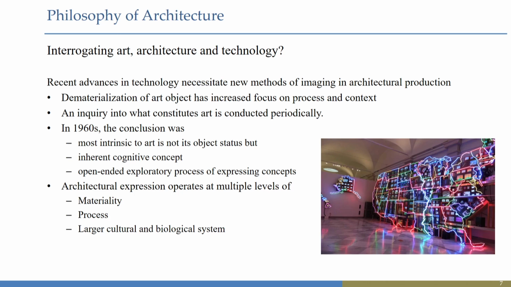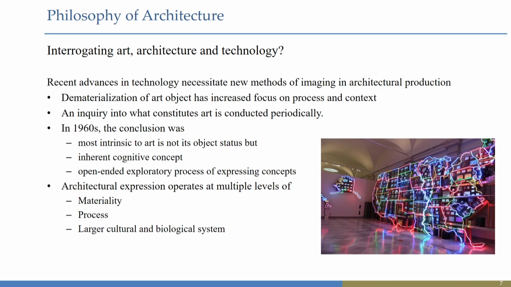Recent advances in technology necessitate new methods of imaging in architectural production. So, when architects are producing new objects or new images, they use technology, and through technology they are making new forms of architecture.